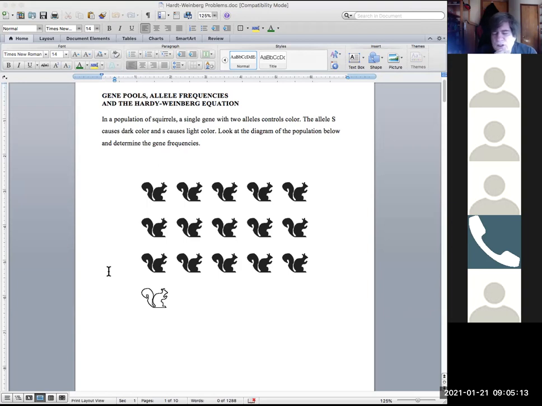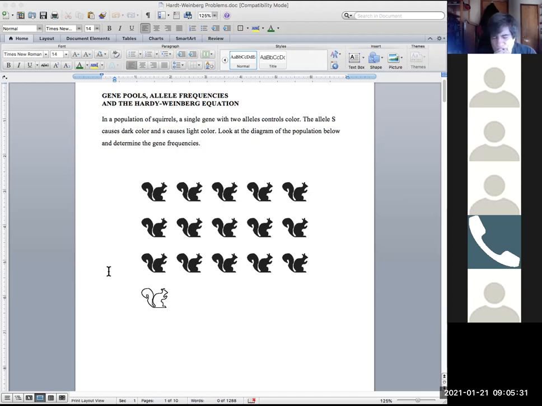So we have 16 squirrels in our population. 15 of them are dark colored. 1 is light colored. Now, remember what we said the other day. We're always going to start with individuals that show the recessive allele.